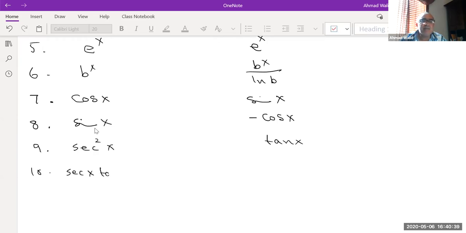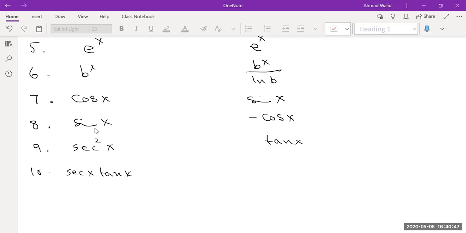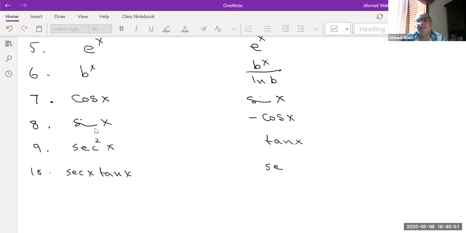Secant x tan x. The derivative of which function is secant x tan x? Secant x. Number 11. 1 over square root of 1 minus x squared. The derivative of which function is 1 over square root of 1 minus x squared?